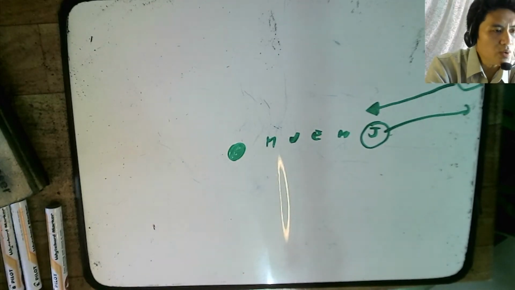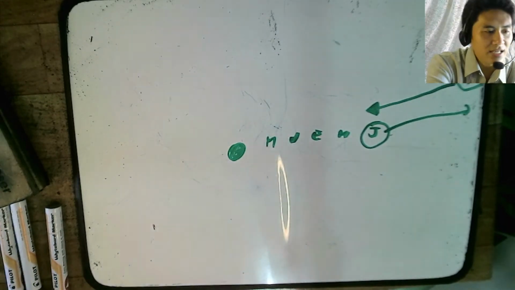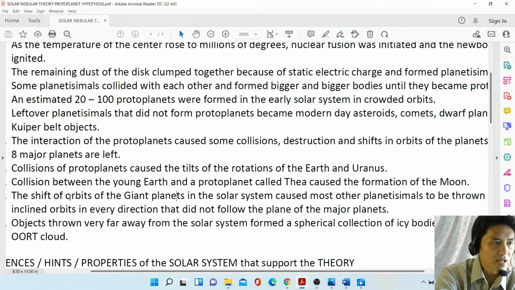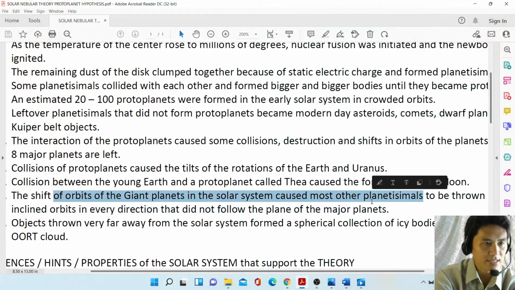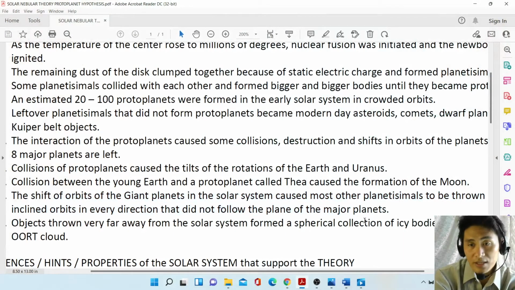And why do we believe that that is the case? Why do we believe that there was the shift of the giant planets? Okay, because again, we can see that in simulations. The first thing here was we noticed that a lot of the craters on the Earth, and the craters on the Moon, and the craters on Mars, and craters on Venus, and things that we can see, have the same age.